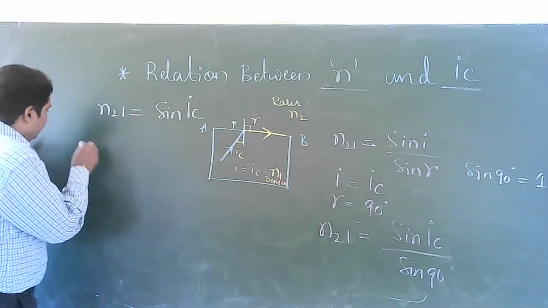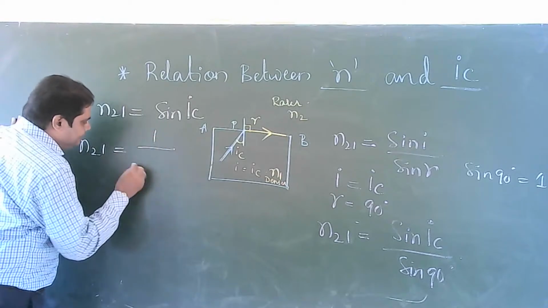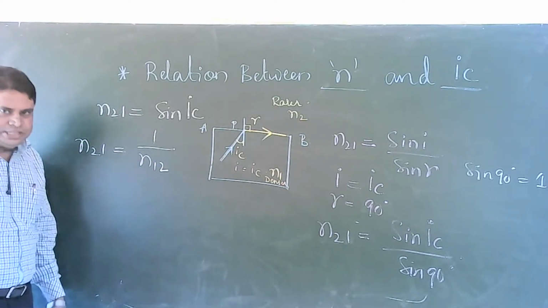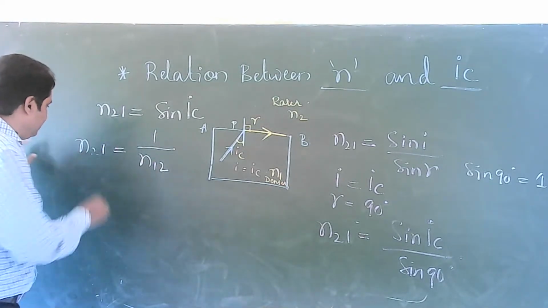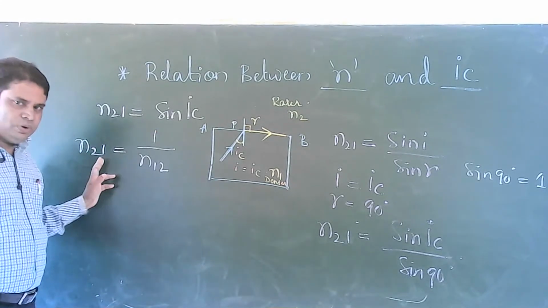So this N21 is equal to 1 by N12. This relation we studied yesterday.